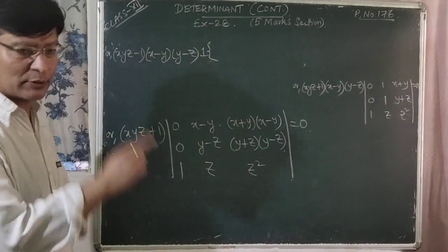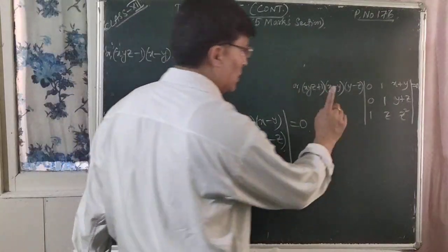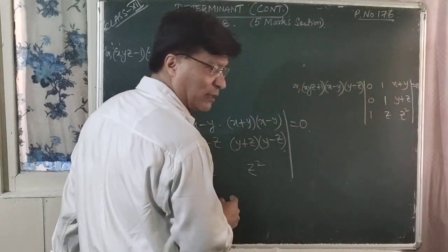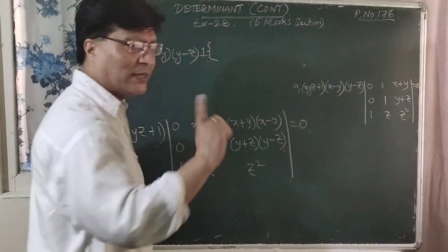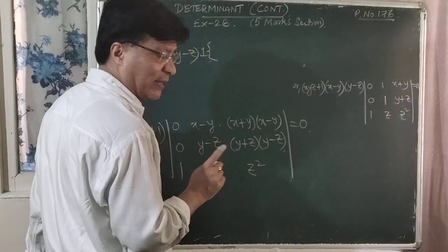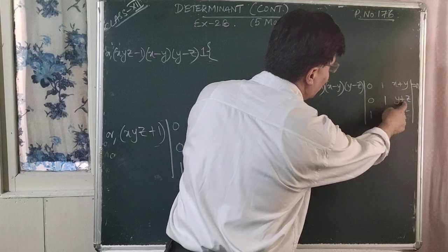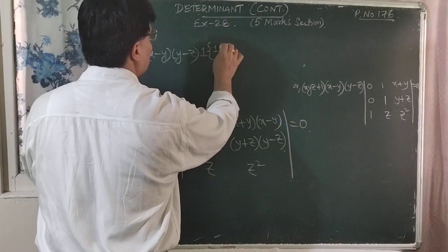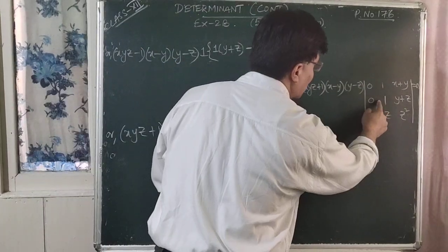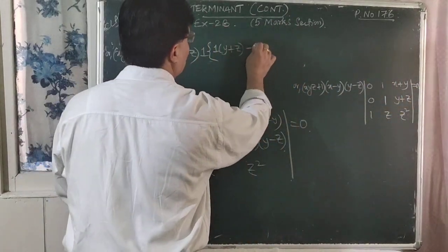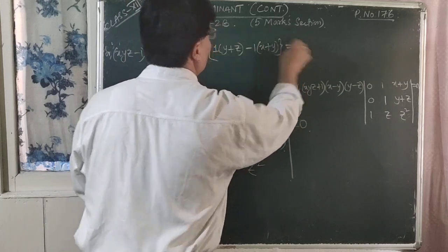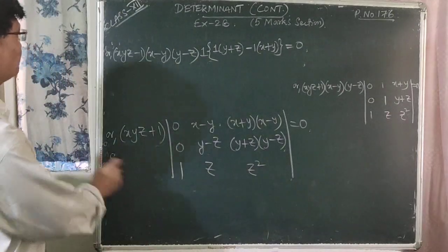Now within second bracket, you have to cross multiply, right? If you consider this one, you have to delete the row and the column through that element. That is, third row and first column are deleted. So 1, x plus y, 1, y plus z remain, right? Now cross multiply. 1 should be multiplied by y plus z, then comes minus. Again this 1 should be cross multiplied by x plus y. So minus 1 into x plus y, second bracket is closed, which is equal to 0, right?